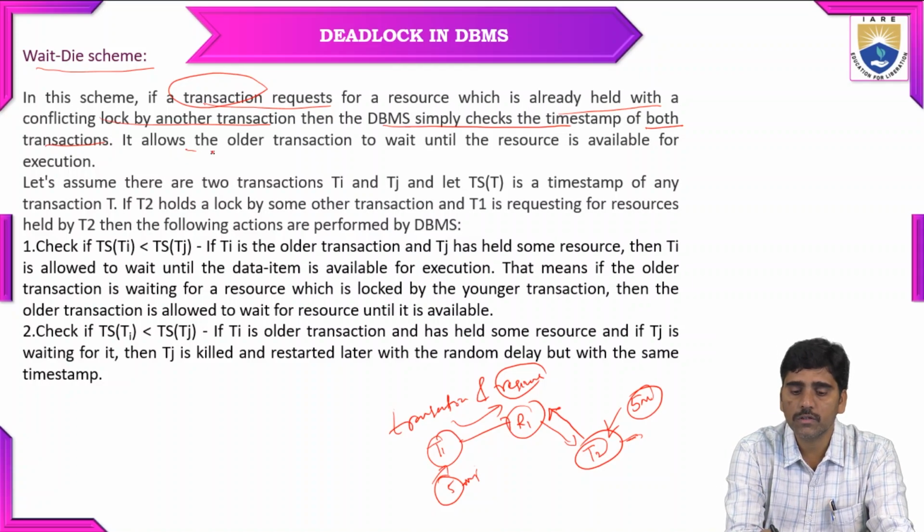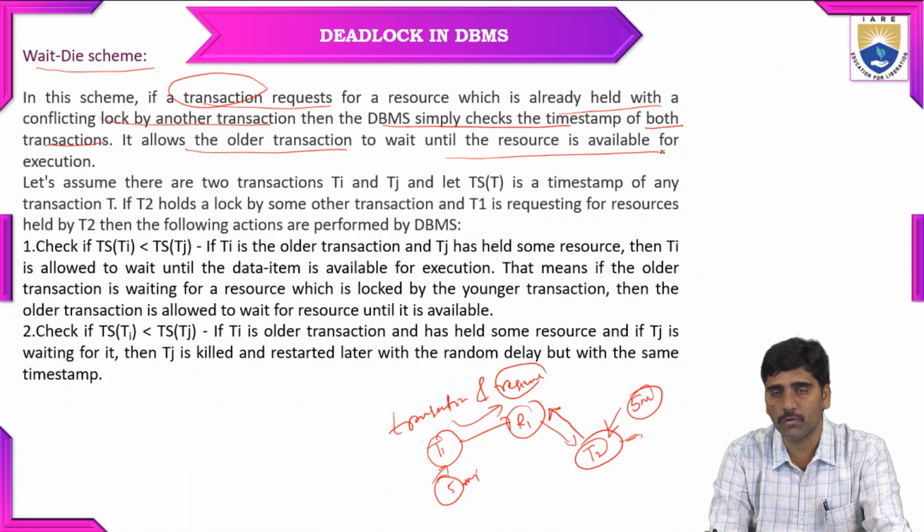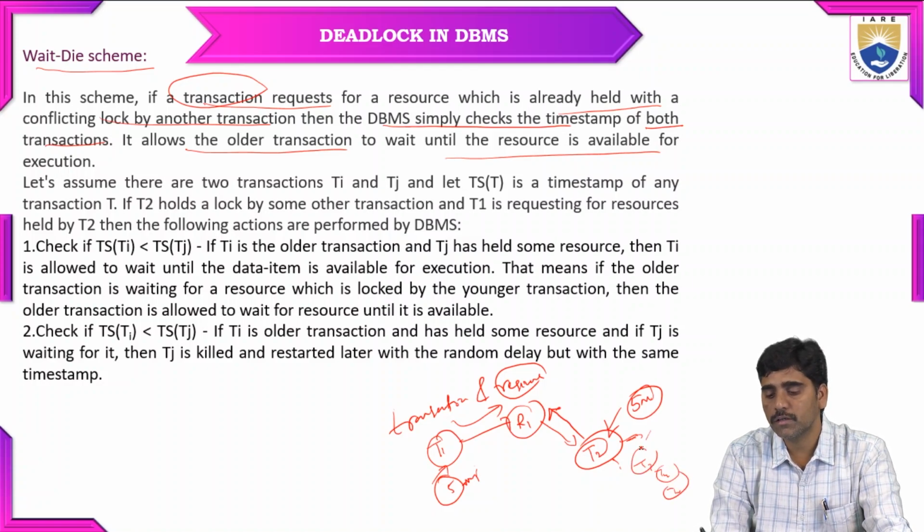So it allows the older transaction to wait until the resource is available for execution. All the transactions are to be in a waiting state, and for each and every transaction it should allocate some time.